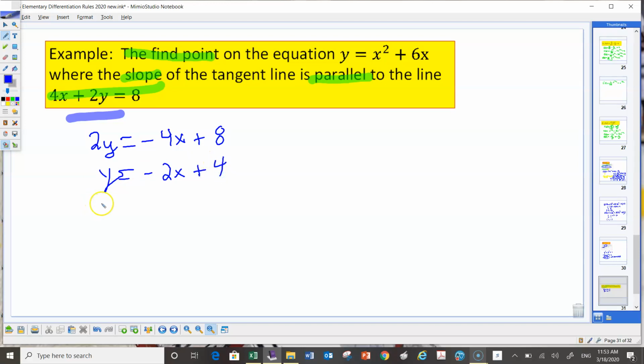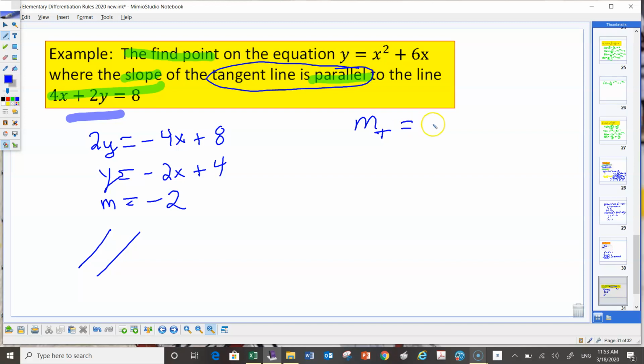So therefore, the slope of this line is equal to -2. Well, if my tangent line is parallel to this line, we know that parallel lines have the same slope, so therefore the slope of my tangent line is also going to be -2.